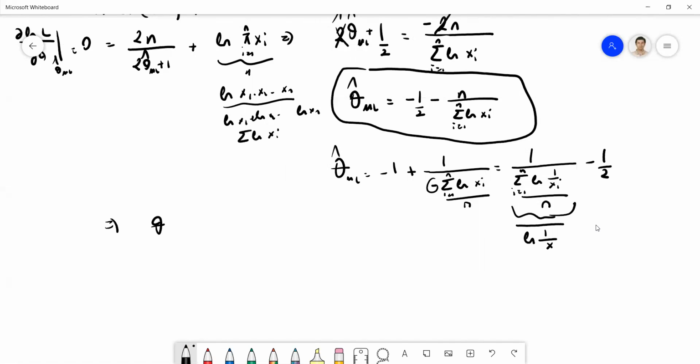So maximum likelihood, now this is actually a complicated solution, something that I wouldn't ask in an exam, so believe me, this is what I can guarantee here. This bar here shows the average, minus 1 over 2.